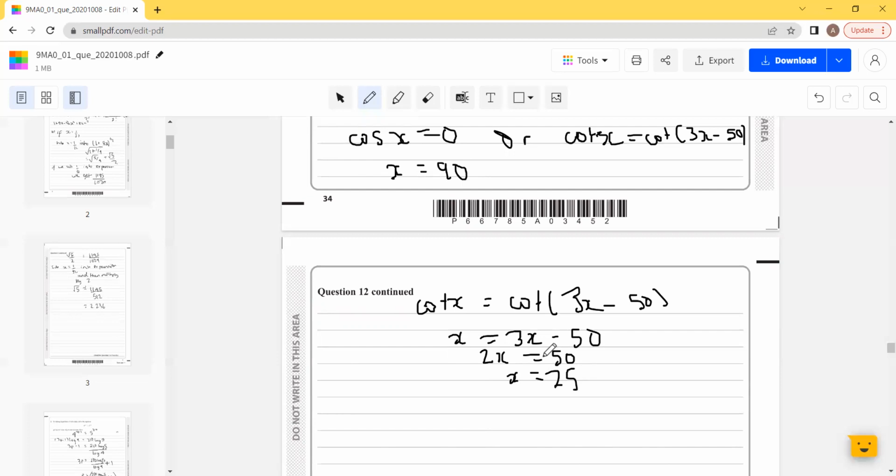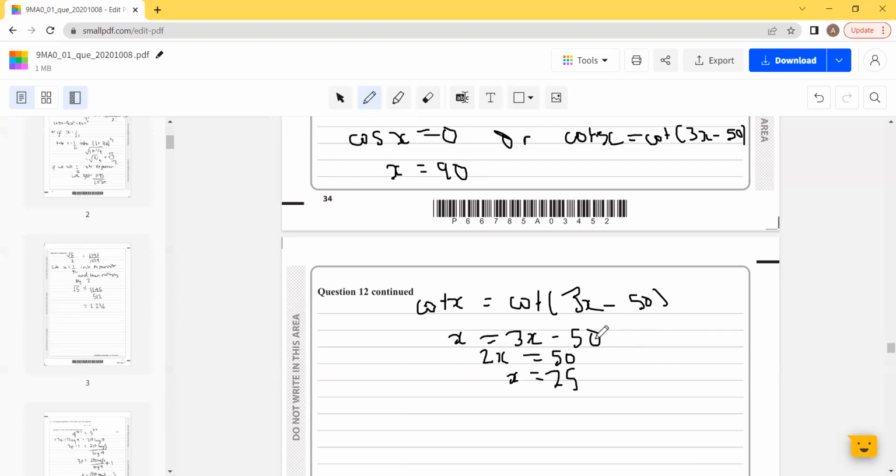Okay, so if I do say that one value is 25, then I also know that another value is going to be 180n plus 3x minus 50. So if I solve this now, when n is equal to 0, I know that x is equal to 3x minus 50.